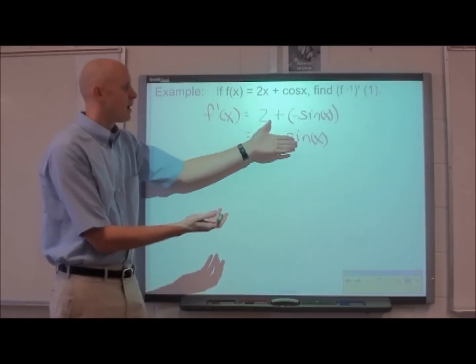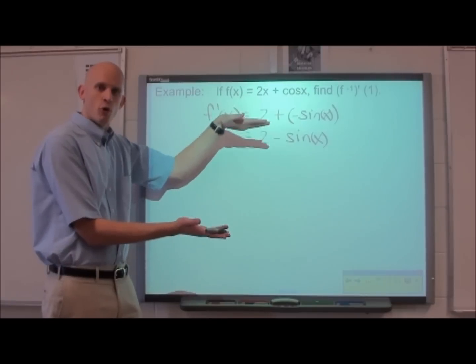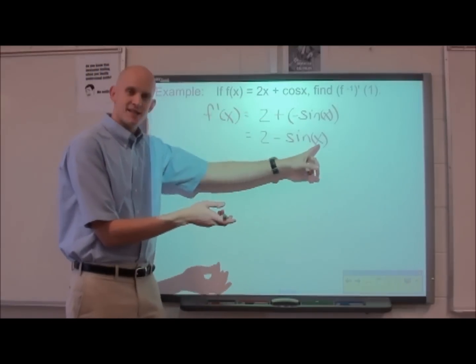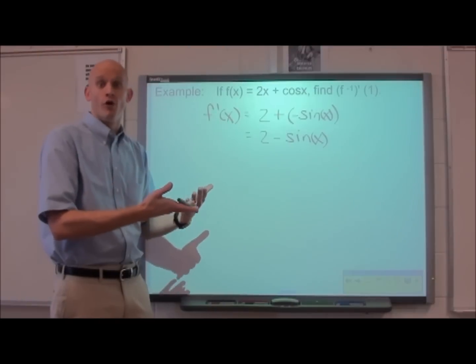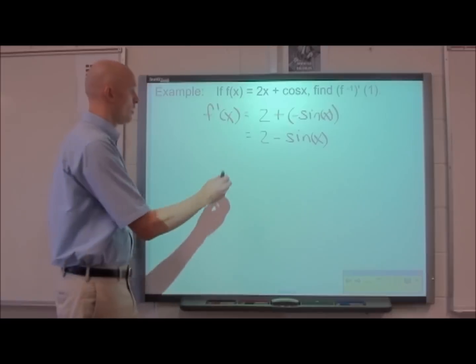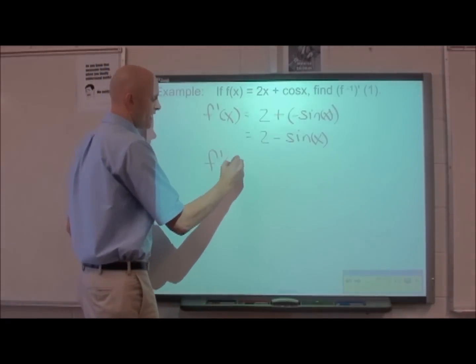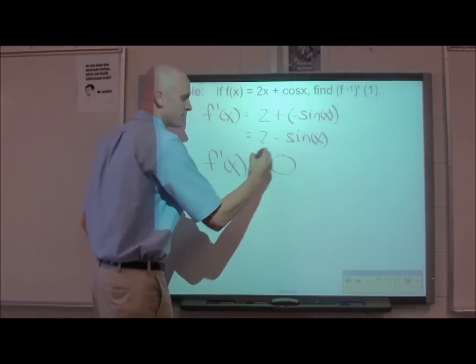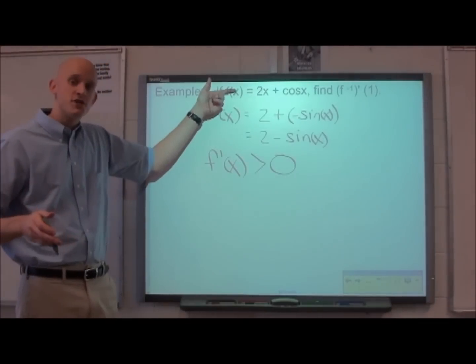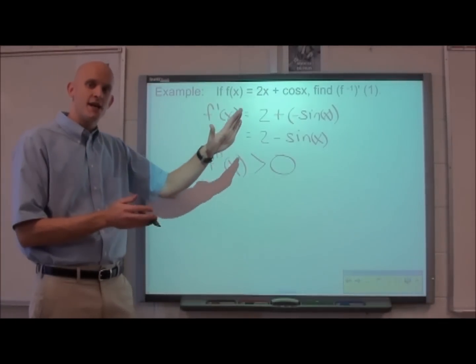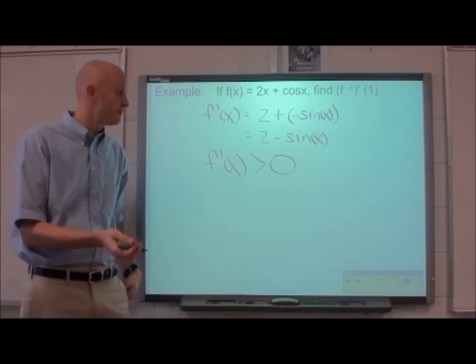We know sine is always between -1 and 1. So 2 minus that value is never going to get to 0 or less than 0. So we know that f prime of x is always greater than 0, or positive. Therefore, our original function is always increasing using the first derivative test.